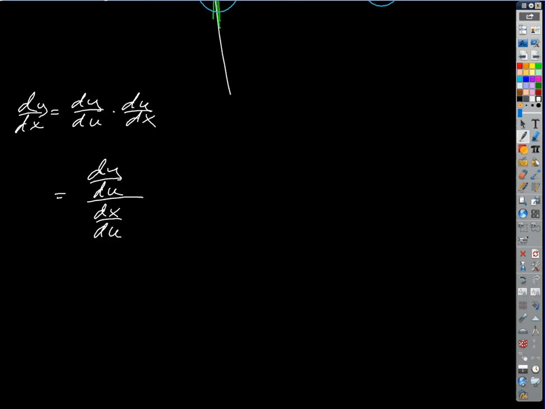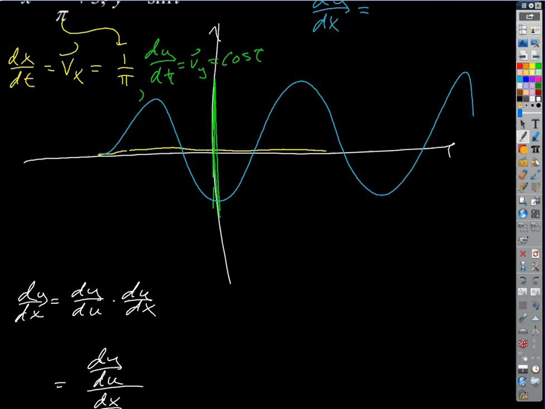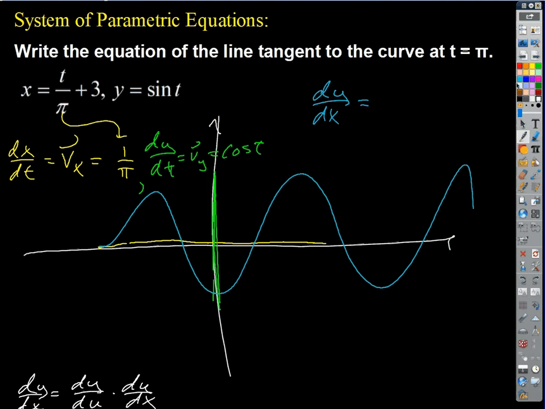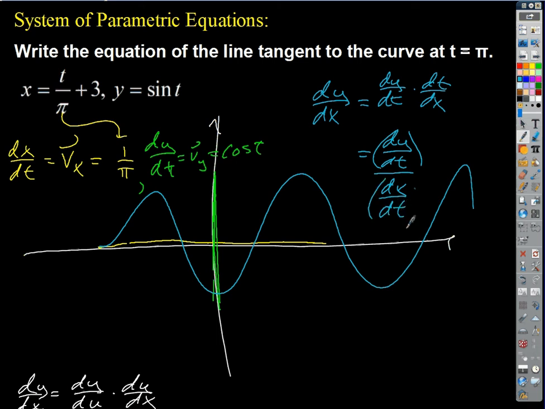right? So couldn't I say then that dy dx here is equal to dy dt times dt dx, or even better, dy dt divided by dx dt. Well, what is that?